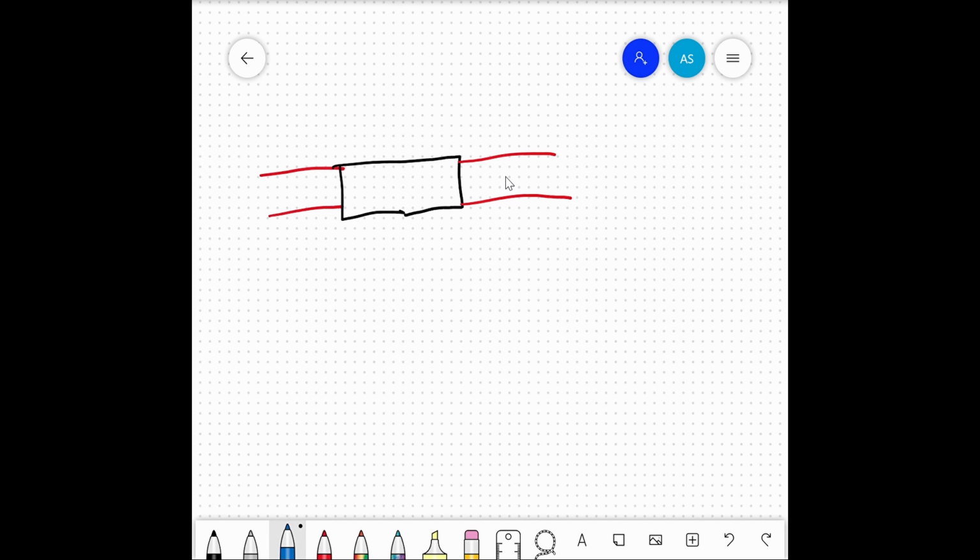So there's water flowing in and there's water flowing out. Let's say this box is completely empty and that the water is flowing into the box at 1 liter per second and is flowing out of the box at 1 liter per second because there is no resistance in the box that is blocking the flow of water.